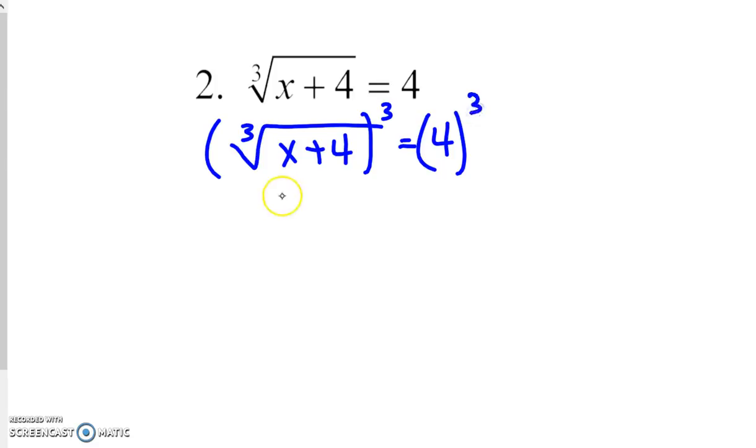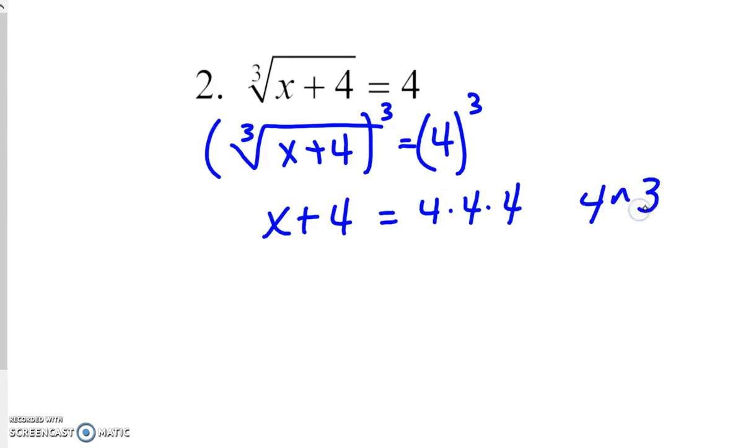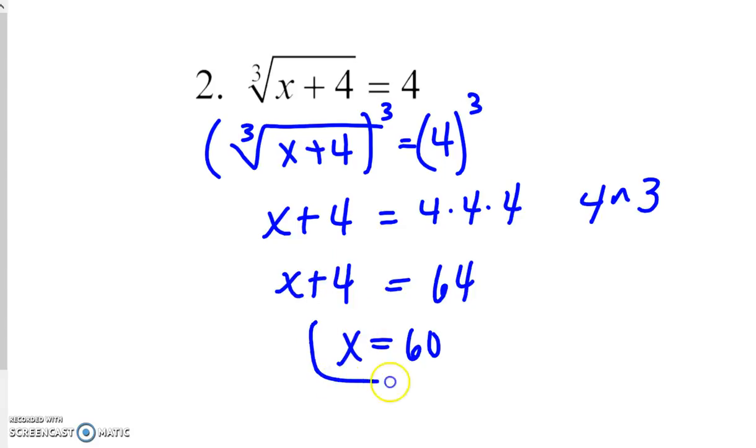Okay, and so the cubes will undo each other, leaving me with x plus 4. And you need to realize this is 4 times 4 times 4. There's also a caret button above the dividing sign on your calculator, and you can put 4 caret 3 in your calculator, which if you do that, gives 64. So this equals 64, and x plus 4, and x equals 60.